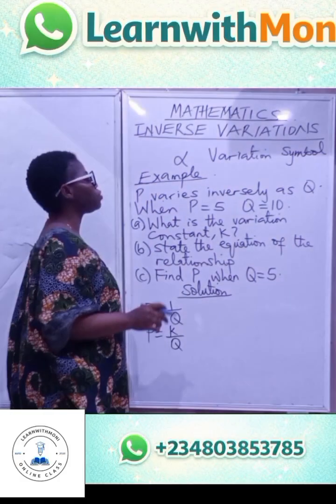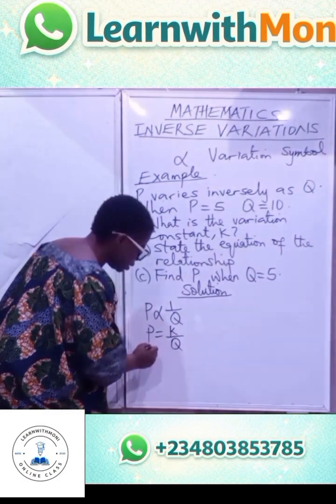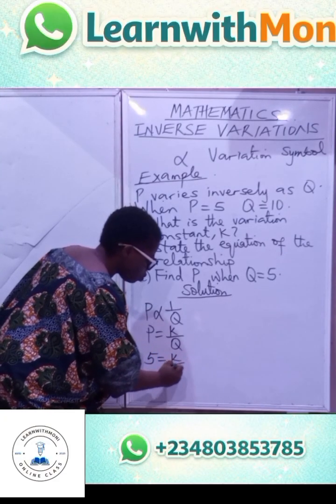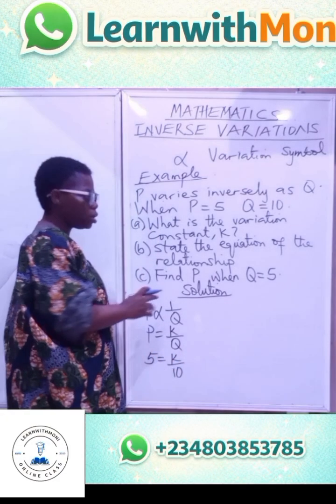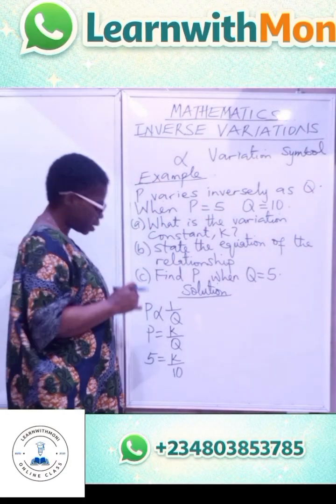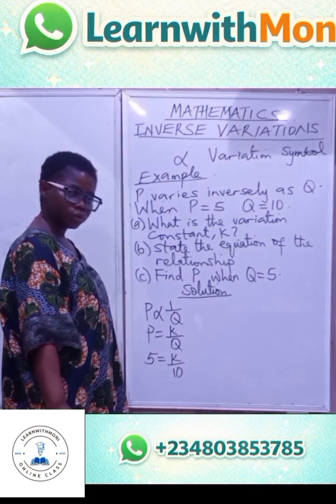From the question, we are told that when P is 5, Q is 10. This means 5 equals to K over 10. I have only substituted 5 and 10 for P and Q respectively in the mathematical expression.